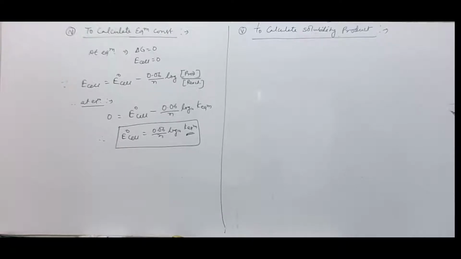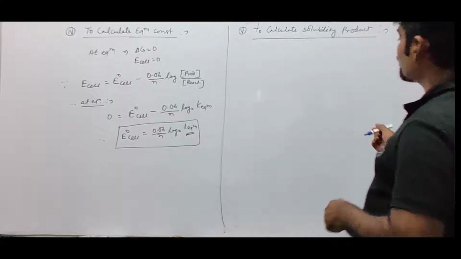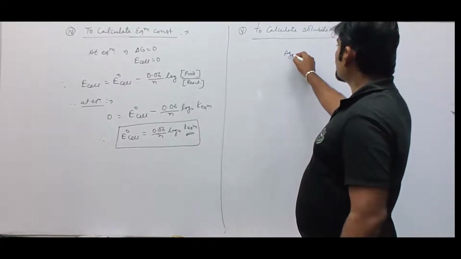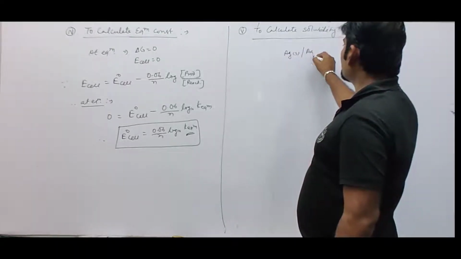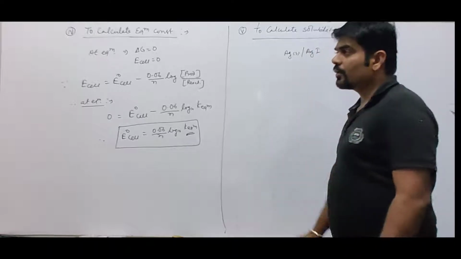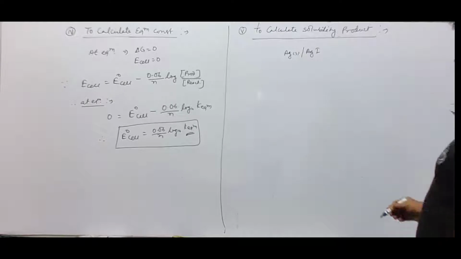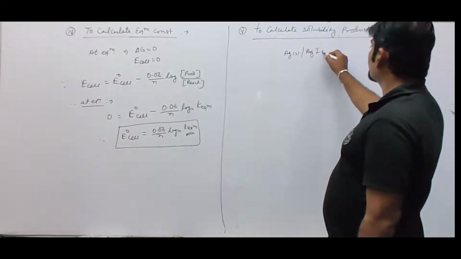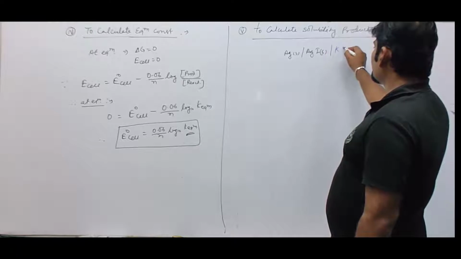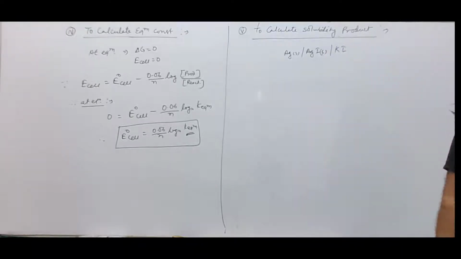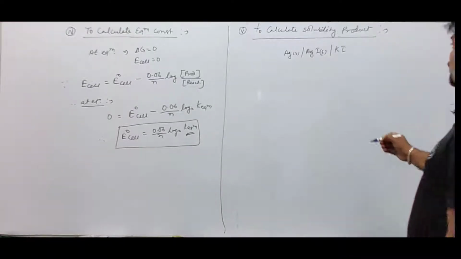The EMF of cell is given: Ag solid converted to AgI, which is solid, present in KI solution of 0.05 molar.